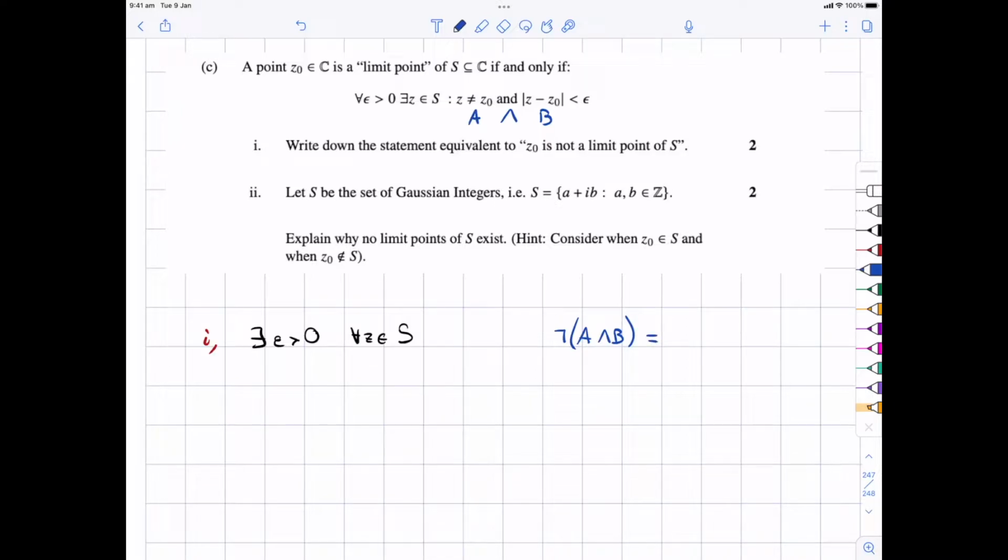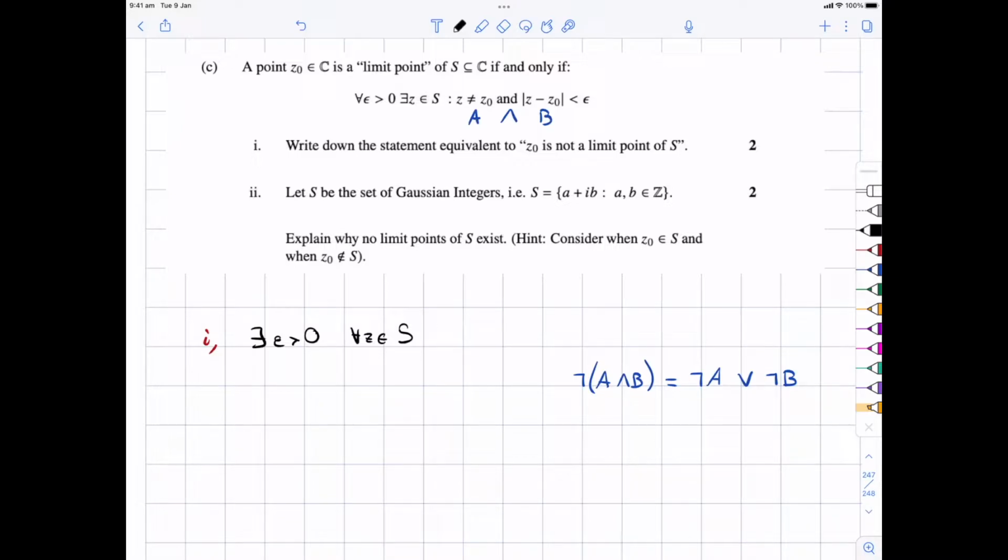So what happens is the negation gets distributed throughout the brackets, the negation of A, negation of B, and then the and becomes an or. Okay, so I'm just going to move this down here, get it out of the way. Now I can finish off this negation.